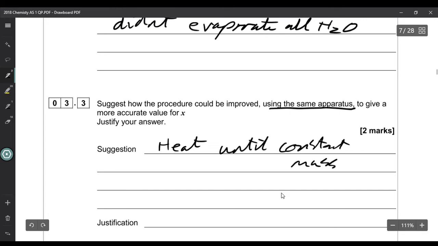And our justification would be to make sure all the H2O has been evaporated.